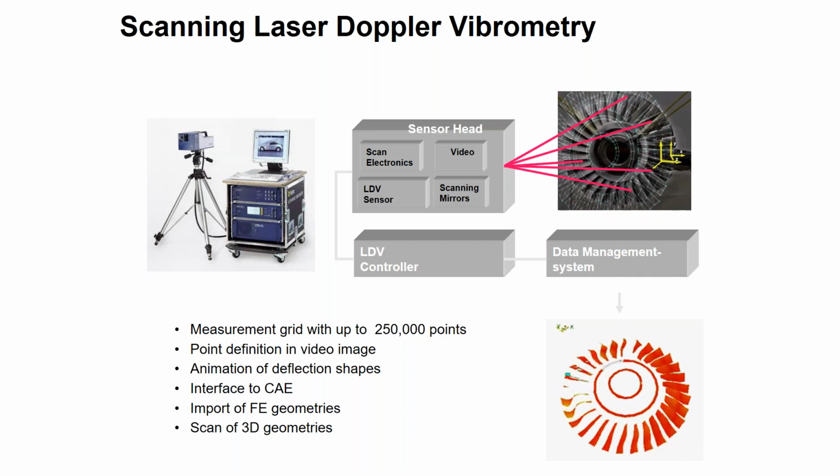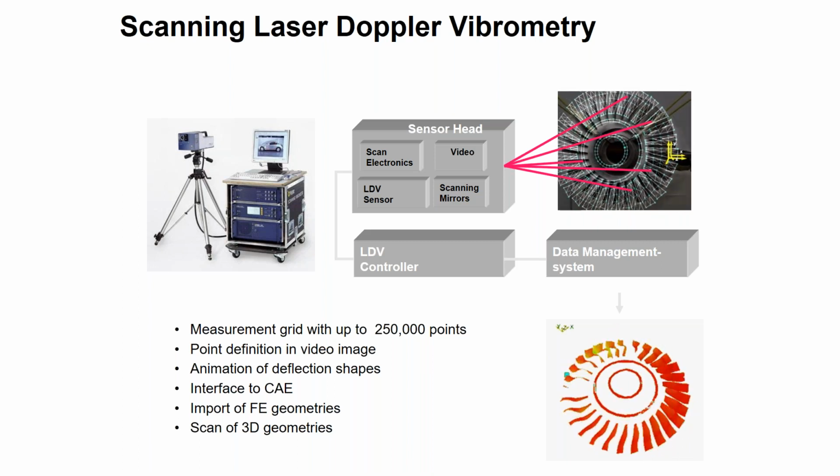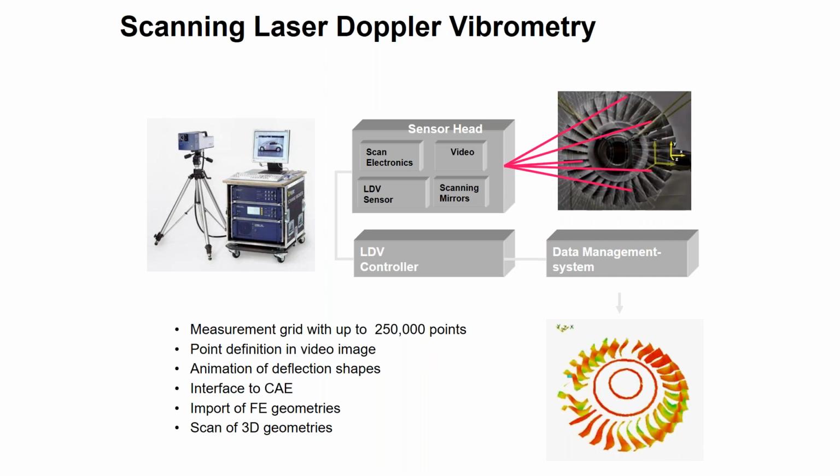So we capture all these vibration responses, store that, and then we're able to interpolate what the vibration shapes or the deflection shapes are in the structure. We can save that data as time domain data or frequency domain. If you're looking at mode shapes, you want to look at the frequency domain, pick off the resonant frequencies, and then analyze that using modal software like we'll show today with Siemens software for doing that.